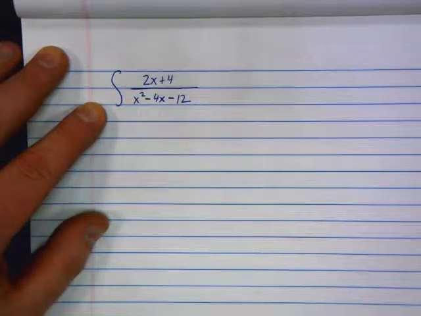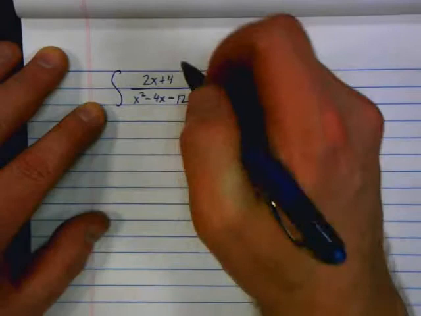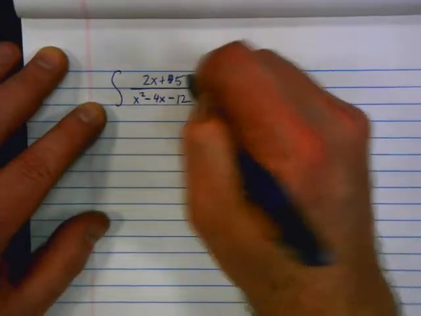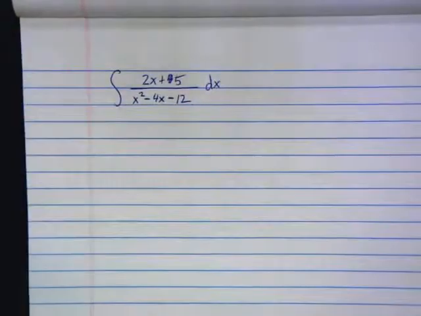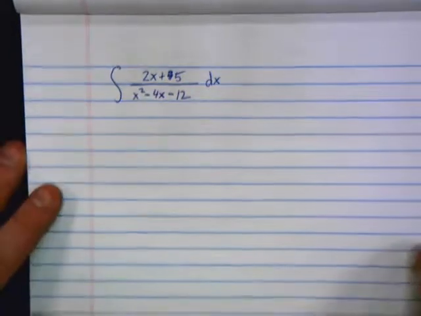Does that factor? That's not very good though. Let's change that to 2x plus 5 up on top. Why did I want to change that? We'll see in just a minute.